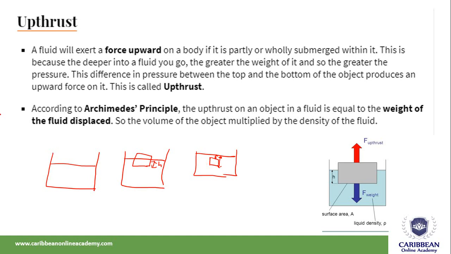When we talk about upthrust, I'll explain this a little bit more in subsequent slides. But as regards pressure, whenever an object is placed inside of a fluid, according to Archimedes' principle, the upthrust on an object is equal to the weight of the fluid that is displaced. Imagine that by putting an object inside of a container, you would observe that the fluid rises.